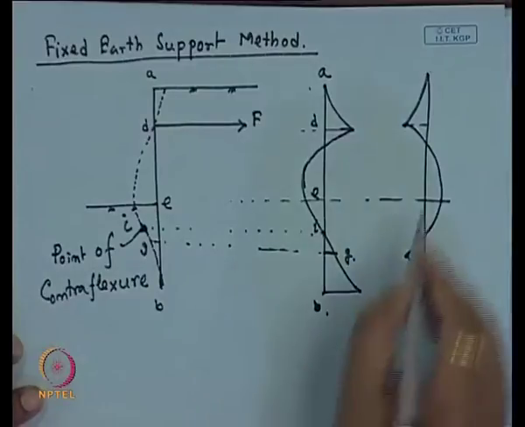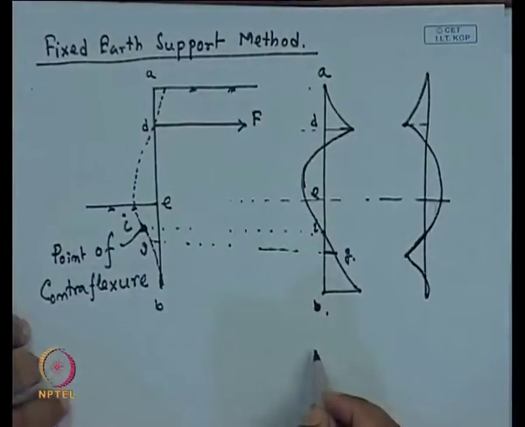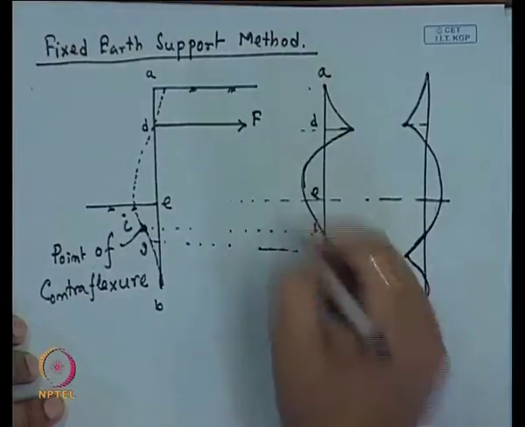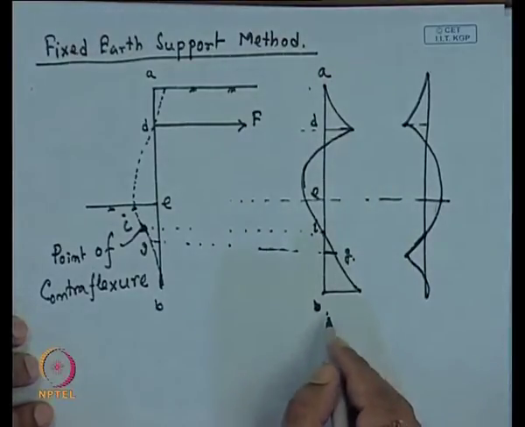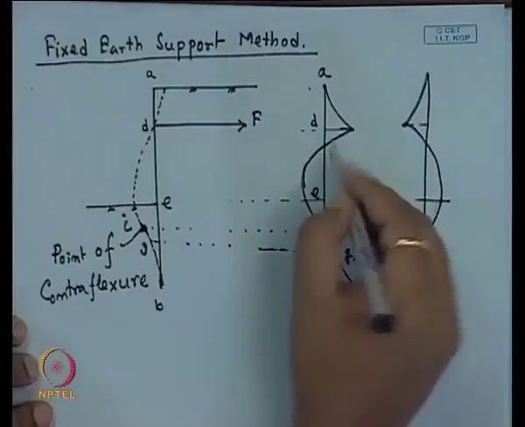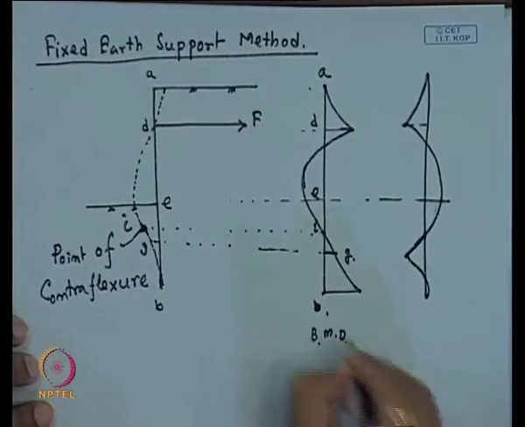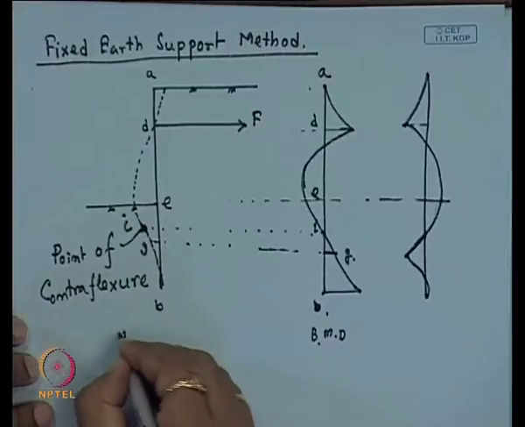Okay, so you will get this type of bending moment diagram for the soil for this fixed end anchor pile. So, this is our BMD, and this is also the deflection pattern.